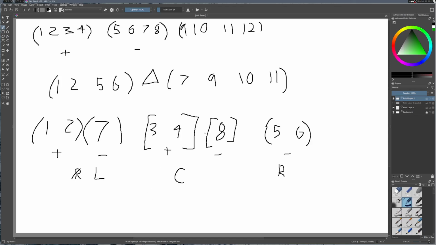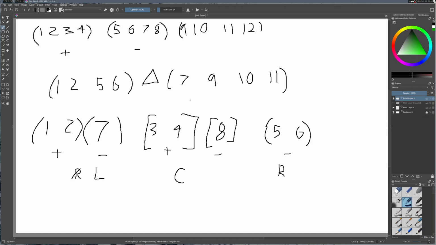We do the same thing for this one, except we change the numbers. For 5 and 6, we compare 5 to 9, and if it leans rightward, then we know it's 5, and if it's center, then we know it's 6.